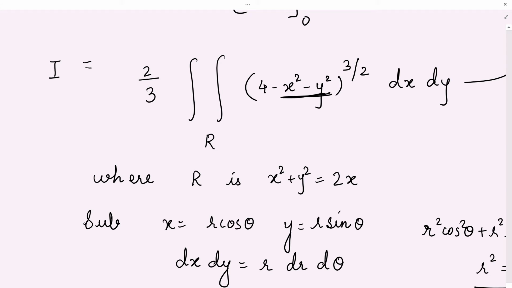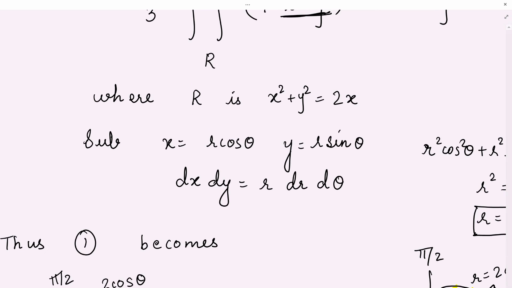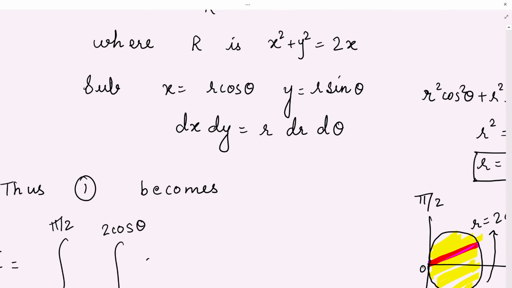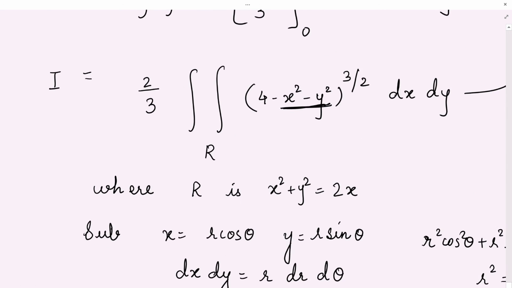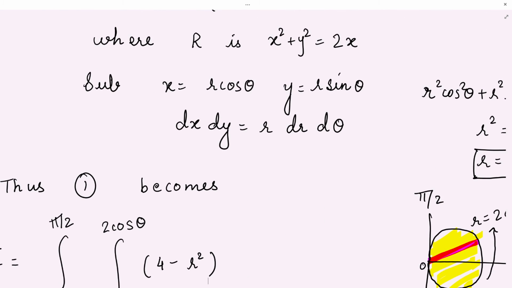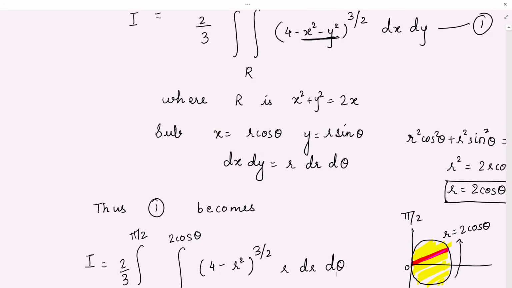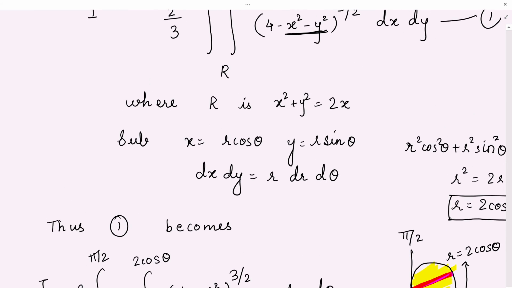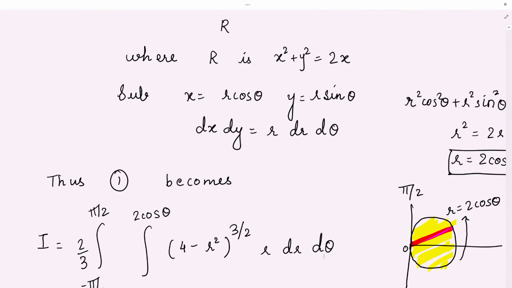If I take minus, that will be x square plus y square, and x square plus y square is r square. So that will be 4 minus r square raised to 3 by 2. This 2 by 3 will be as it is, it's a constant. And dx dy can be written as r dr d theta. So my equation 1 now will be converted into this.